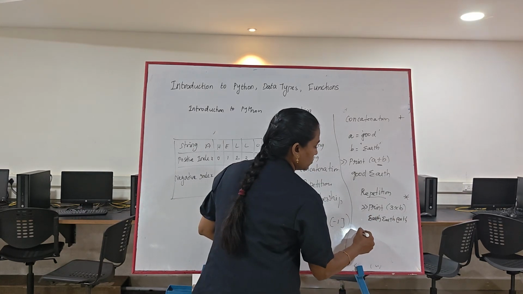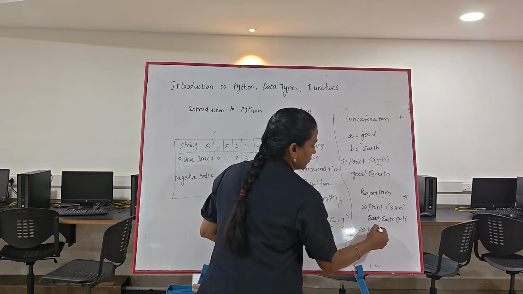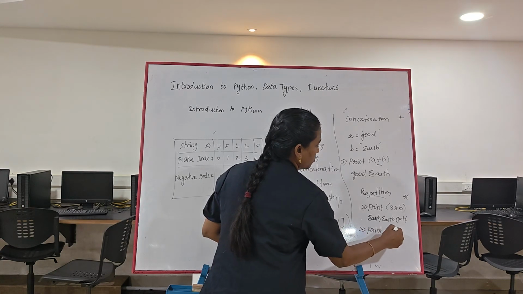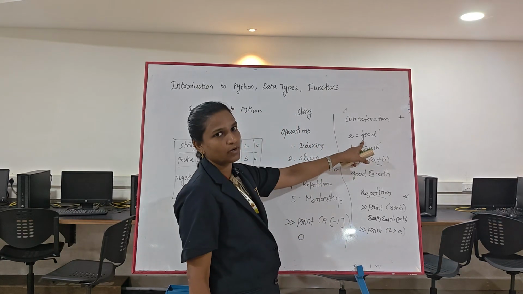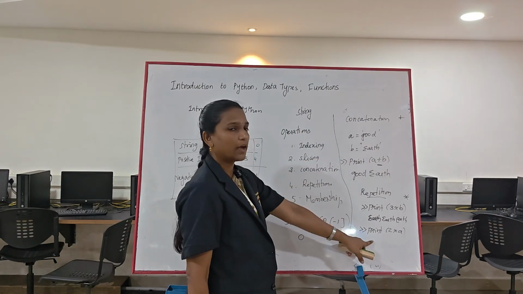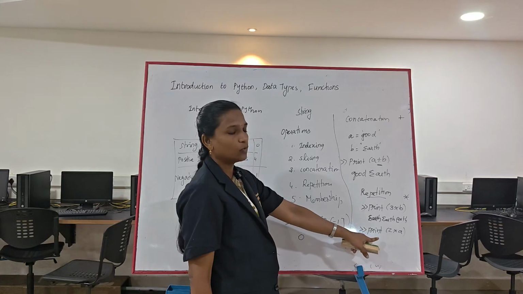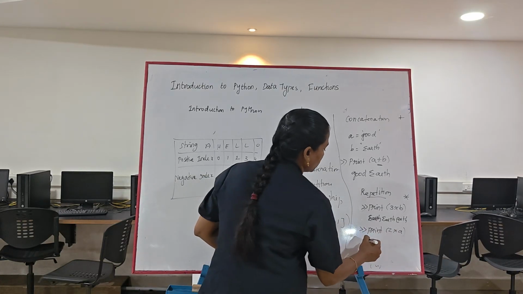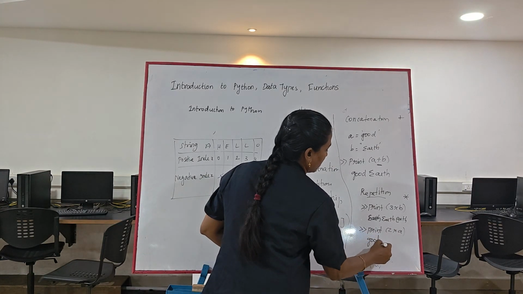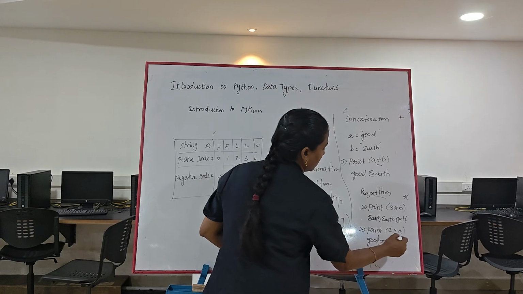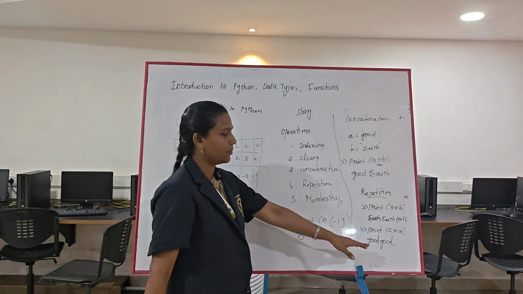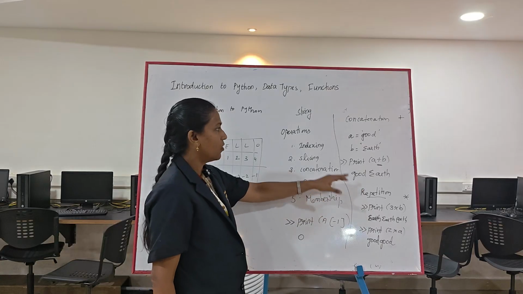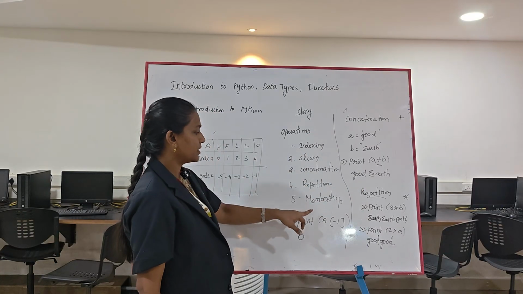I can use another one also: print 2 star A. What is the string we have stored in A? Good. I want the string 2 times, so I have mentioned 2. So good, good will be displayed. 2 times it will be displayed. That is repetition.